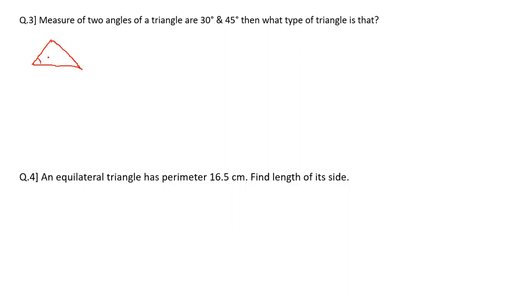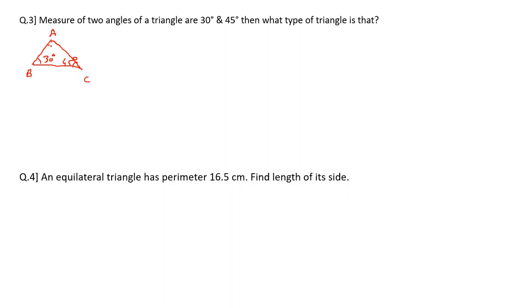One is 30 degree and another is 45 degree. We draw randomly, not exactly, right? We draw here a triangle ABC and suppose angle B is 30 and angle C is 45.